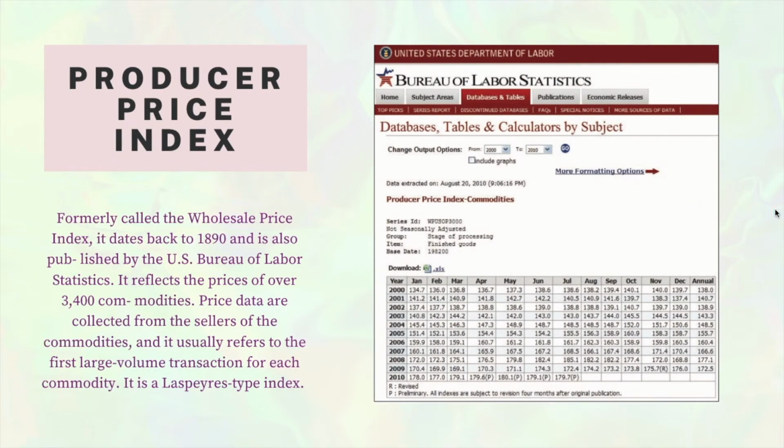And next is the Producer Price Index, formerly called the Wholesale Price Index. It dates back to 1890 and it is also published by the U.S. Bureau of Labor Statistics. It reflects the prices of over 3,400 commodities.